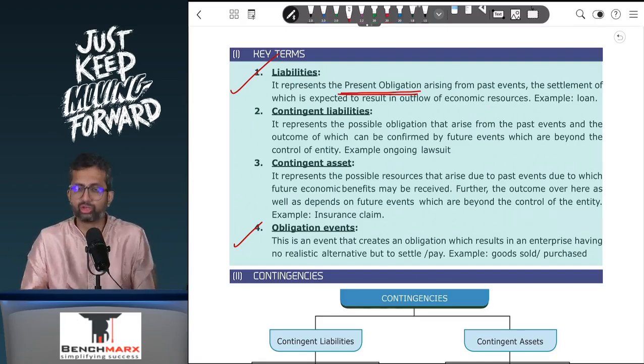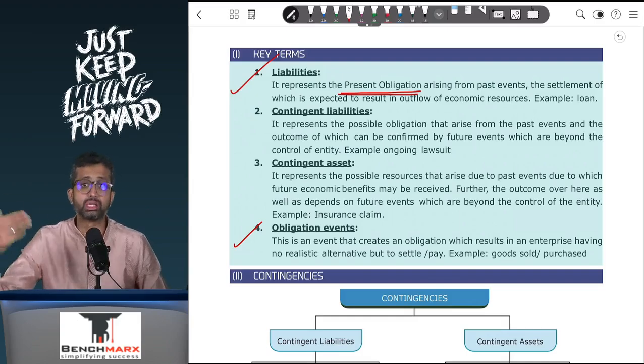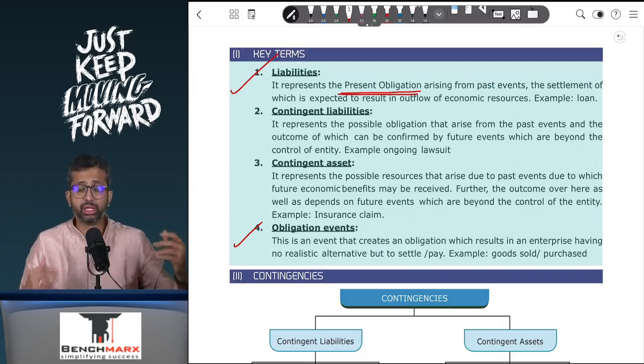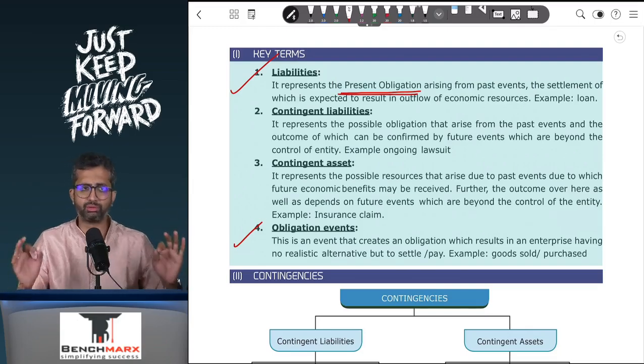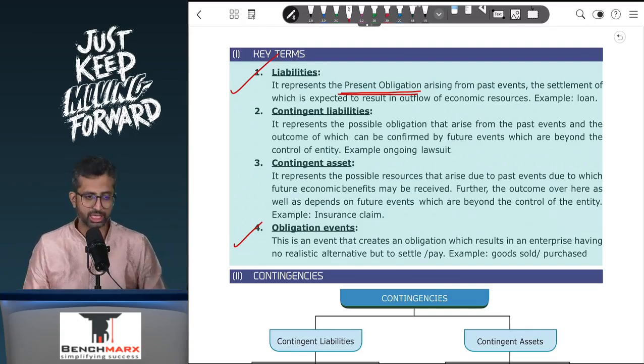There is an obligation to repair which arises the moment you make the sale. Yes, these obligations will be discharged later in the future. However, you record the provisions or obligations the moment they arise. The loan may be repaid in the future, creditors may be paid in the future. However, the obligation is recorded as and when it arises.